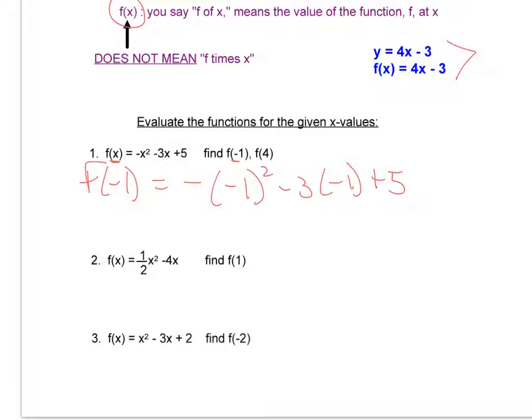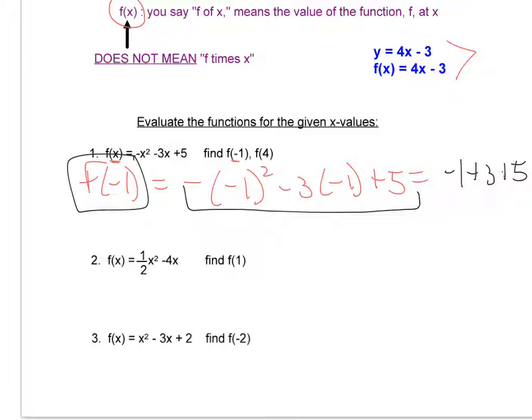And again, you have to be careful of squareds. You don't have to do anything with that left-hand side once you plug it in. You're just simplifying the right. So if I do the negative of (-1) squared, I get -1. Then I get +3 and +5. So my final answer for that would be 7.